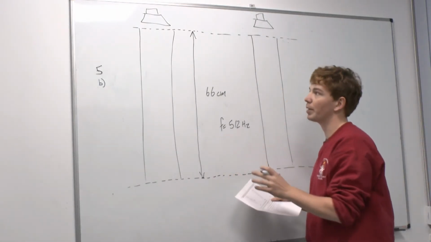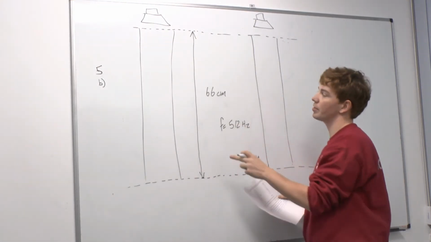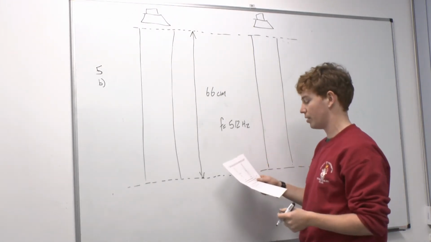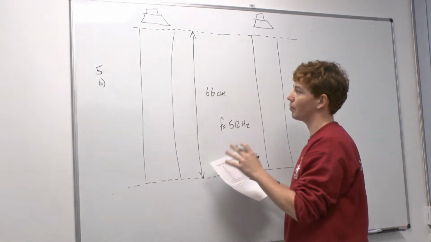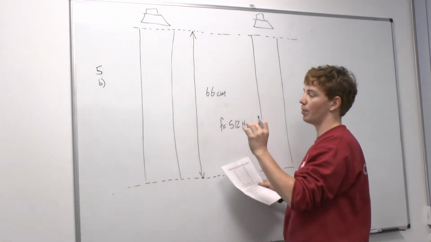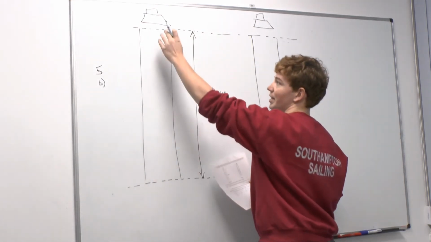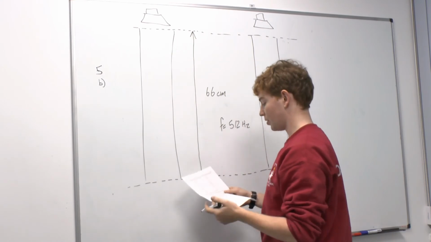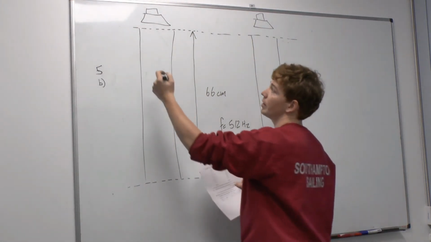Okay, so we've now got a new setup. So we've taken the tube completely out of the water, so we've got both ends open. The tube is 66 centimeters long, and we're sticking with the same frequency of 512 Hertz. So it says that we get a loud sound out of this setup, so we know that we've got a matched up waveform. So it's going to have an antinode at this end and an antinode at this end, because both ends are now open. So it says sketch the stationary wave now produced in the tube, so we can do that nice and easily.